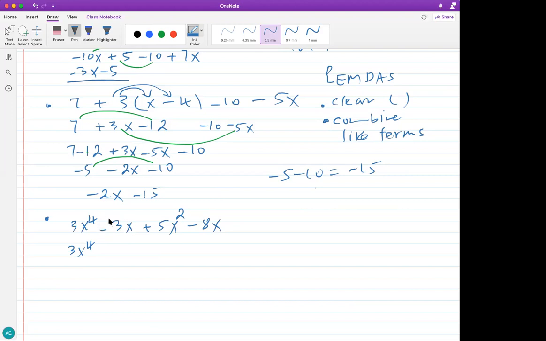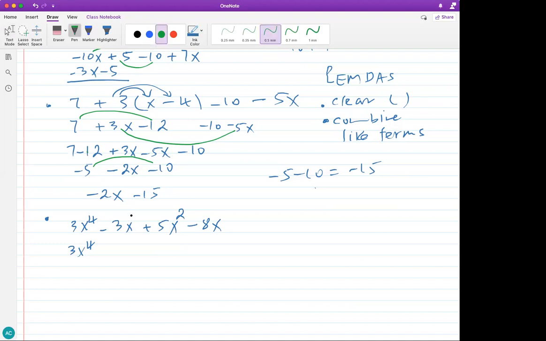What about the second term? Do we have a similar term to it? Second term here, can we combine it with anything in this expression? Or, by the way, what is the power of this variable? This one is 4, this one is 2. What is the power here of this variable? The invisible power is what?